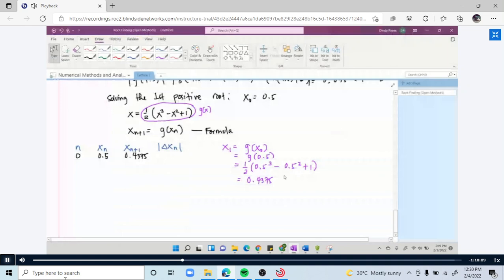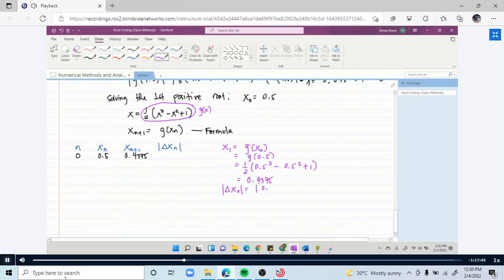Okay. Now, yung delta x sub n is just the difference between the two, x sub n plus 1 and then x sub n.